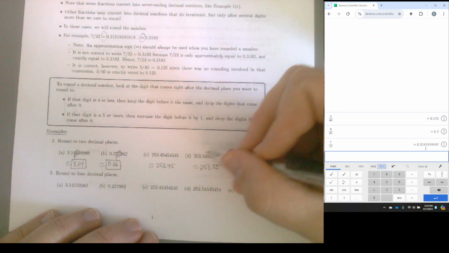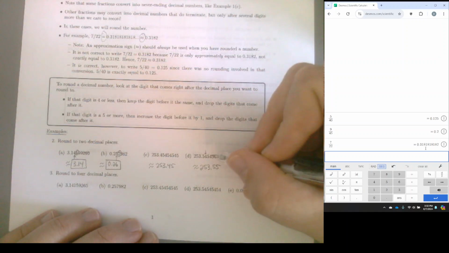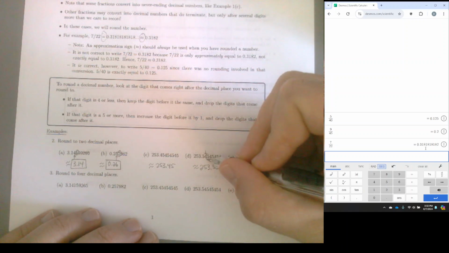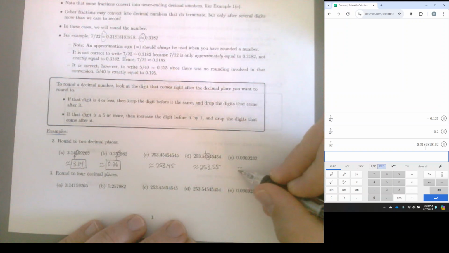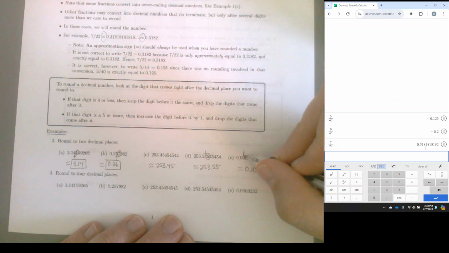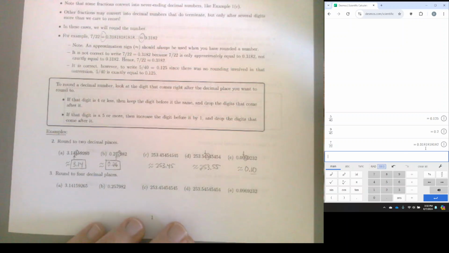Okay, a little tricky, but note that the 4 is in the second spot. So we look at the 5. It's a 5 or more, so the 4 goes up to a 5. Okay, and this one's maybe the trickiest of all, but it would be approximately 0.10, because the 9 is in the second decimal spot. We look at the 6, it's a 5 or more, so the 9 has to go up to a 10.